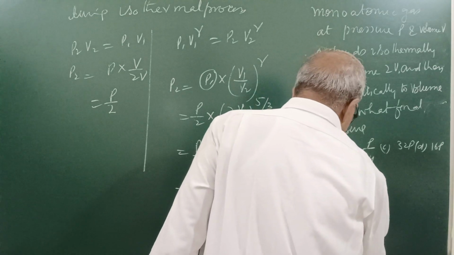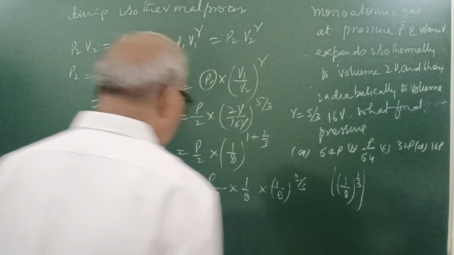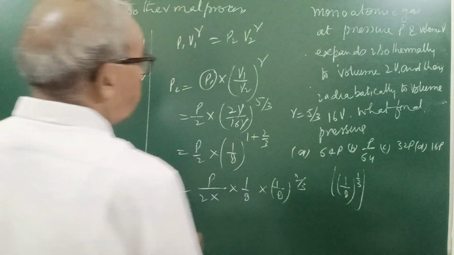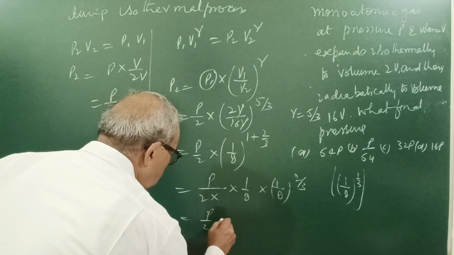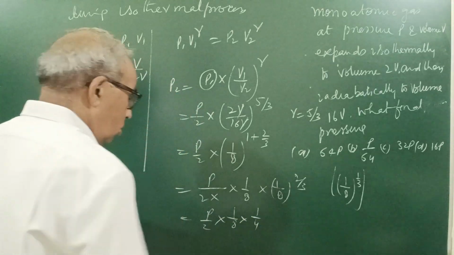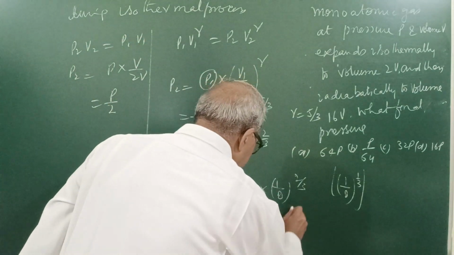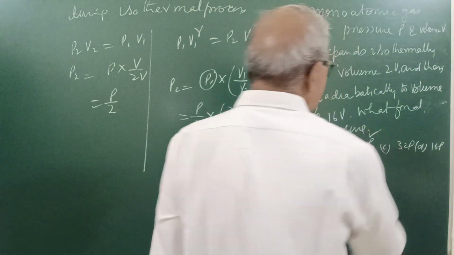One upon 8 to the power 1 by 3 squared will become 4. So it is P by 2 into 1 by 8 into 1 by 4. So it is P upon 64. So this option is correct.